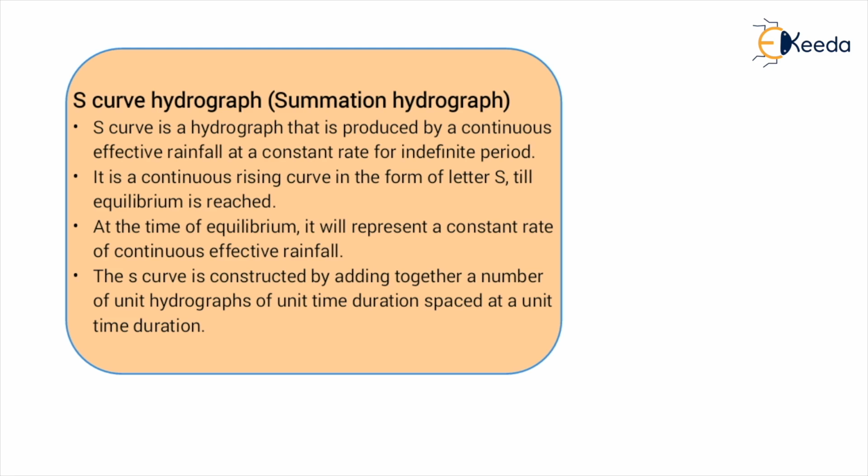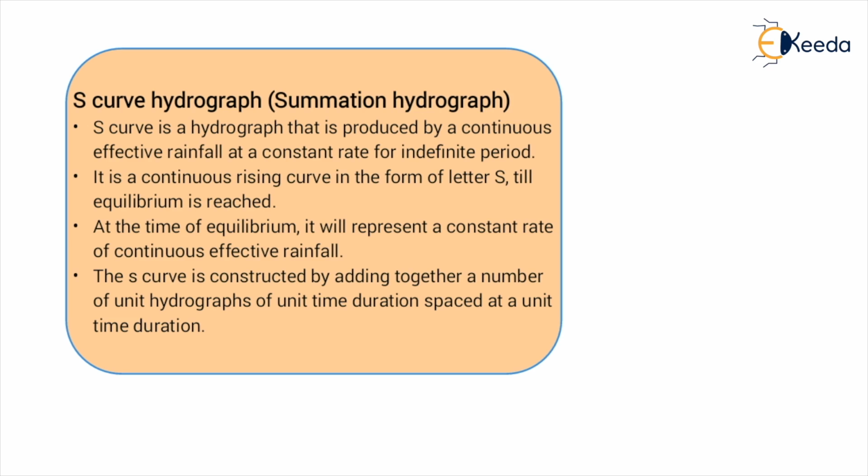Then L.K. Sherman derived a new theory, a new research concept, that when we have two identical conditions of rain, and two identical basins also, the hydrographs produced from these basins and these conditions should be expected to be the same.